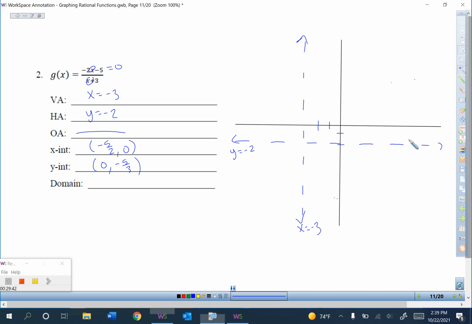Then we're going to put our negative 5 halves. That's negative 2.5, so left from the origin there, that much, and label it. And then our other one is 1 2/3 down, so a little bit in front of that asymptote. And we're labeling it as well. And it looks like this curve we can take care of.